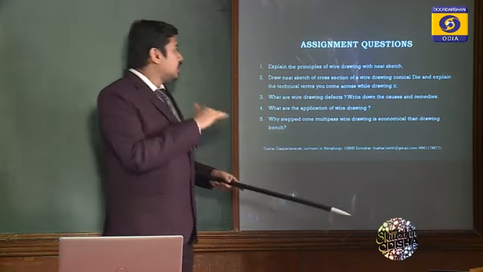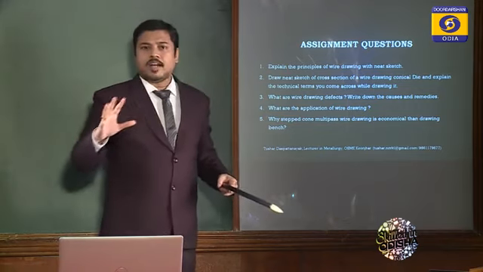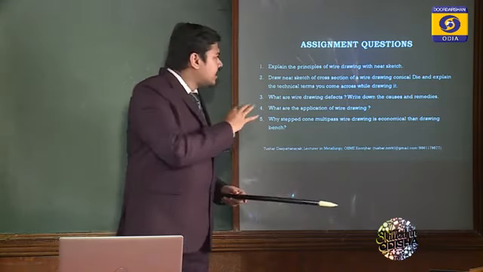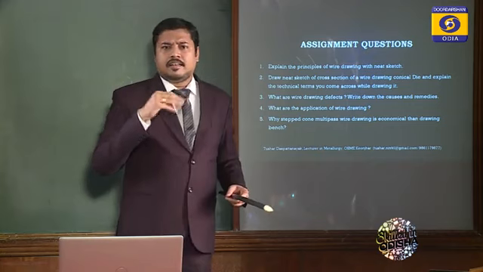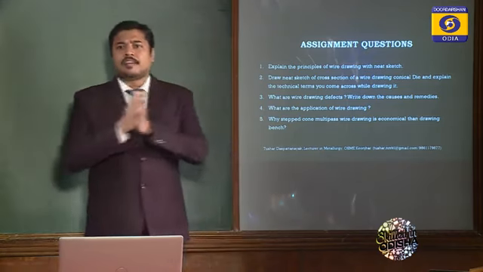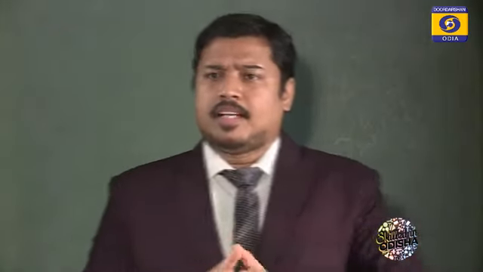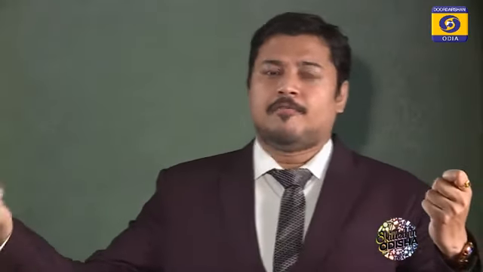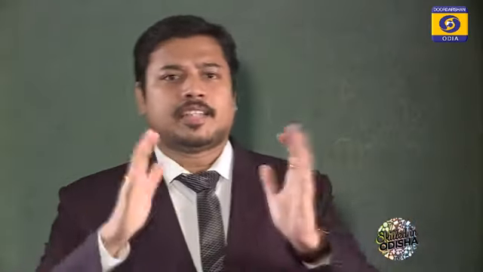Now I think we have understood all the wire drawing subjects in brief. I'll try to revise it for you. We started with children drawing chewing gum. We tried to relate that with wire drawing. If you relate a child drawing chewing gum, then you can relate wire drawing.